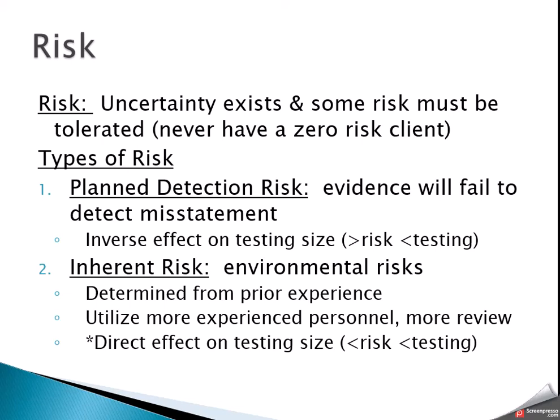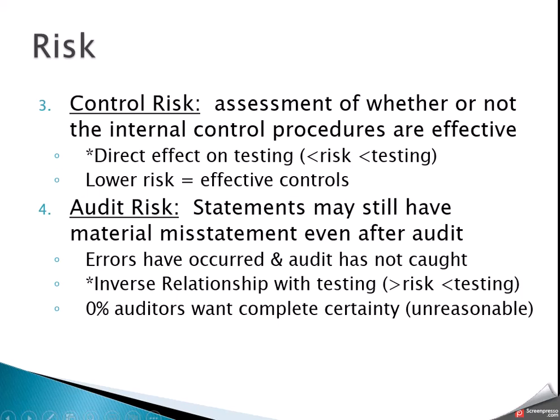The inherent risk is determined from prior experience, and they're going to utilize more experienced personnel to review. If the risk goes down, testing goes down. So those have an offset relationship.